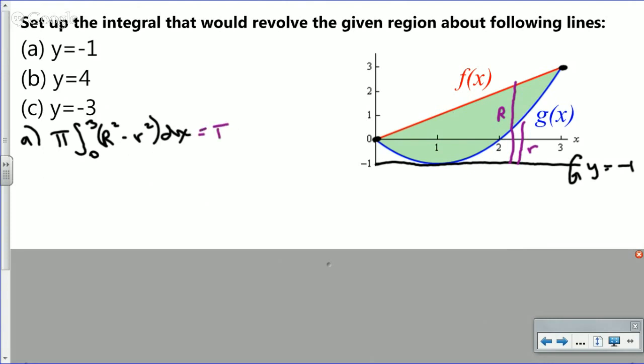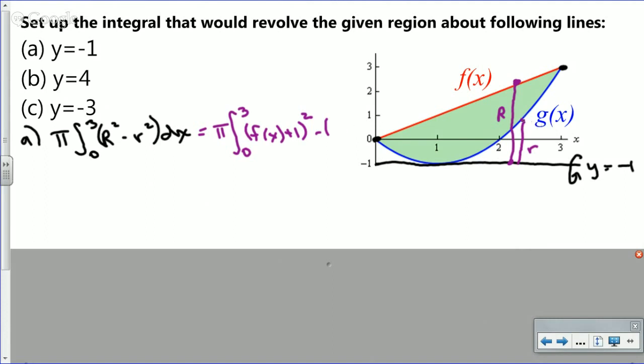So I have pi times the integral from x equals 0 to x equals 3. Capital R, do top minus bottom. So that's going to be f of x minus -1, which would be f of x plus 1, right? And I want to square that. Then I want to subtract out little r.